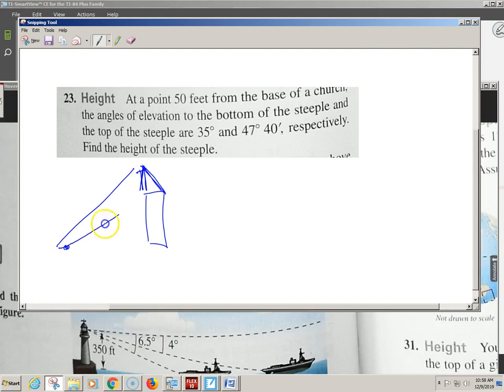And there's also the top of the building. Ta-da. So we have a point 50 feet. We have two different angles because one of them isn't turning as much as the other one. So we have one that just says, I'm looking at the top of the building, and the next one says, I'm looking at the top of the steeple. It's a little weird, but it says find the height of the steeple.